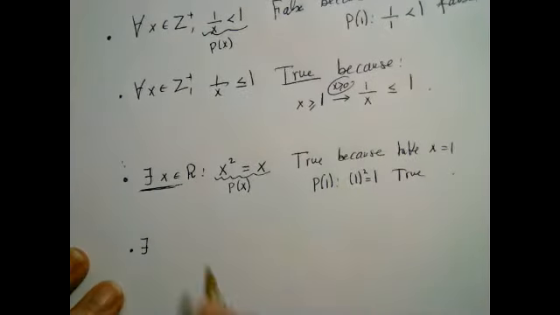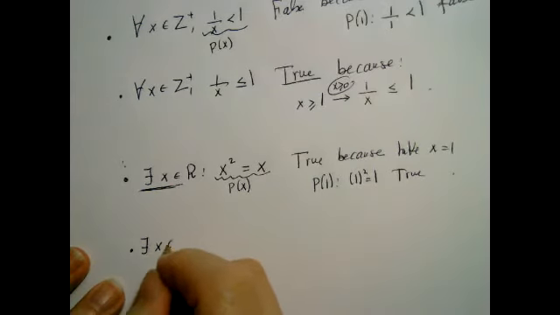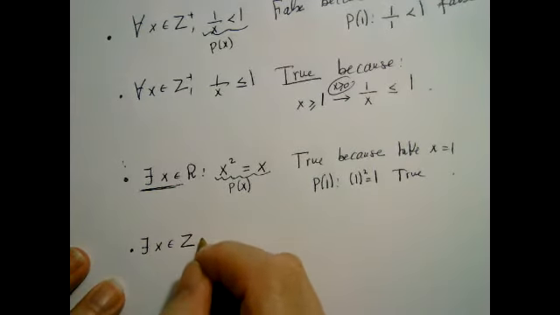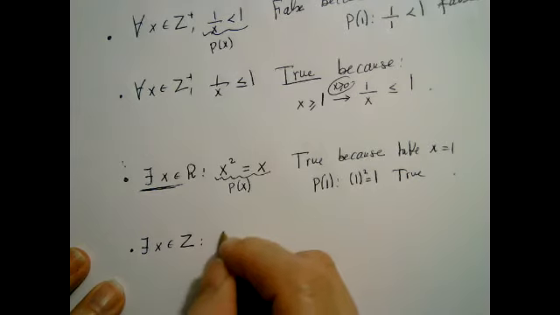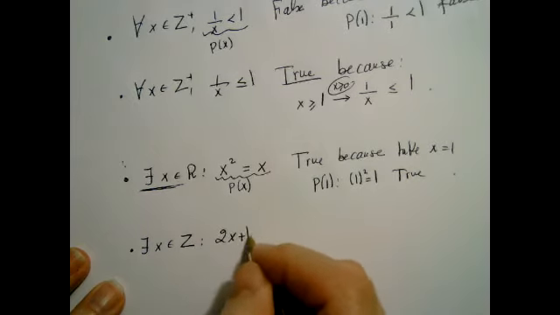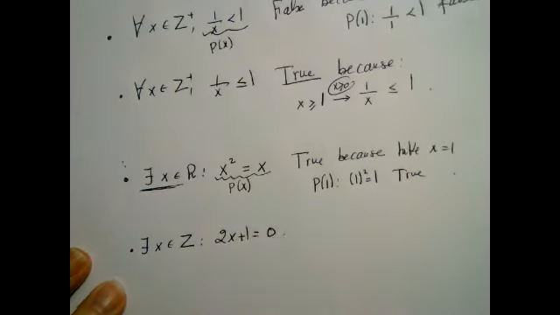Okay. My last example, there exists x in Z, so watch the domain, such that 2x plus 1 equal to 0. True or false?